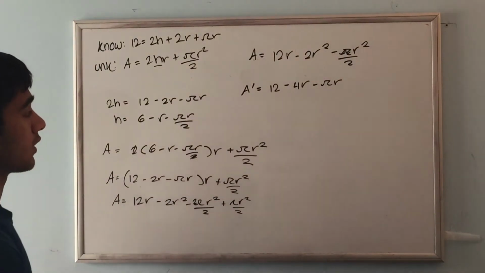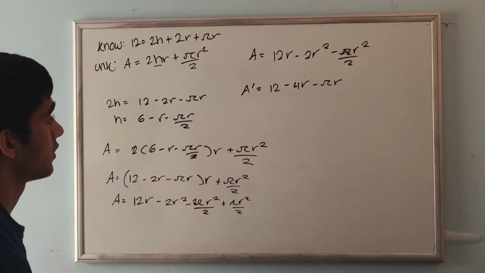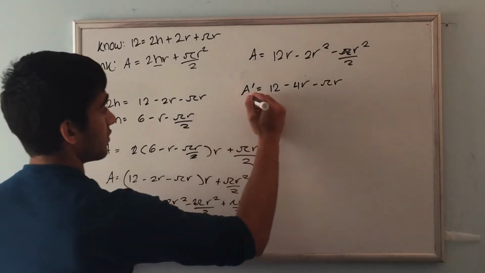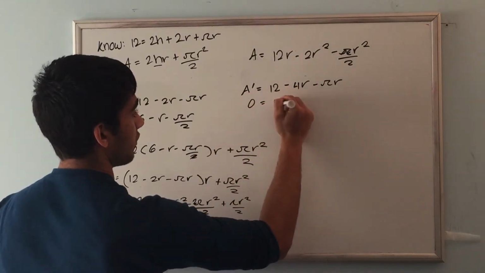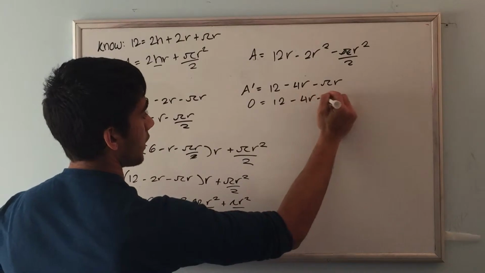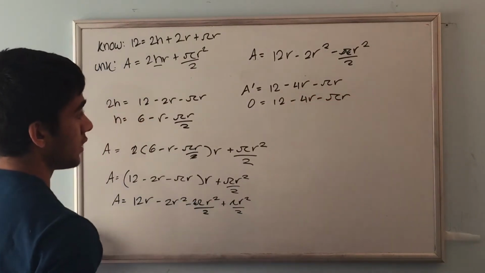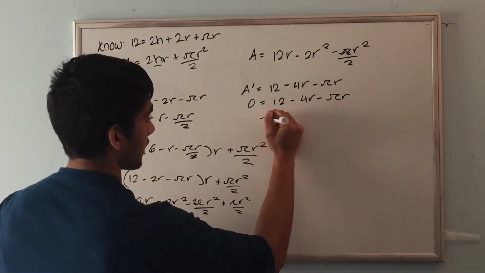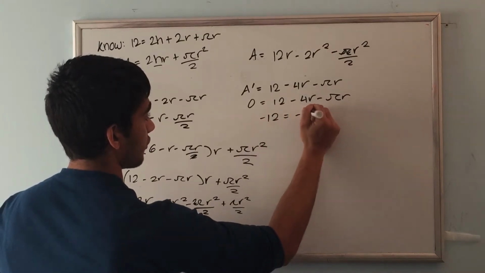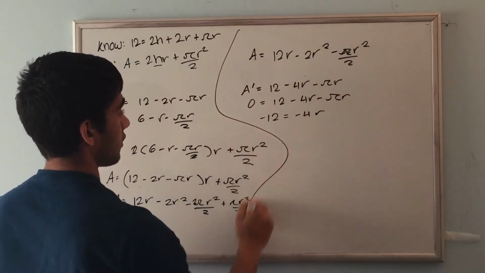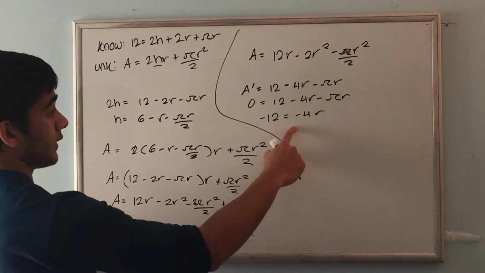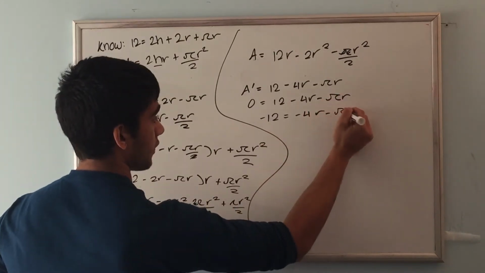So now we want to set this equal to 0, so 0 equals 12 minus 4r minus pi r. If we subtract 12, we get negative 12 equals negative 4r minus pi r.